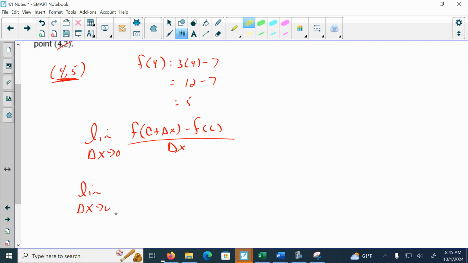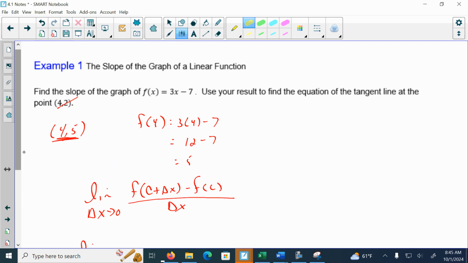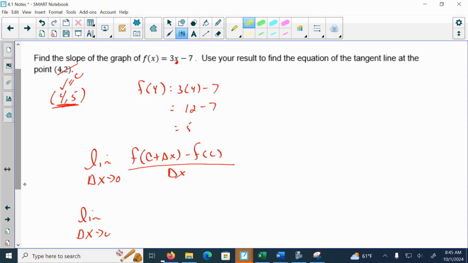So I'm going to say c plus delta x. Every place I see an x here, I'm going to put in c plus delta x. Remember, this x is my c. So I'm going to find f of 4 plus delta x minus f of 4, all over delta x. This is the specific problem that we're doing.